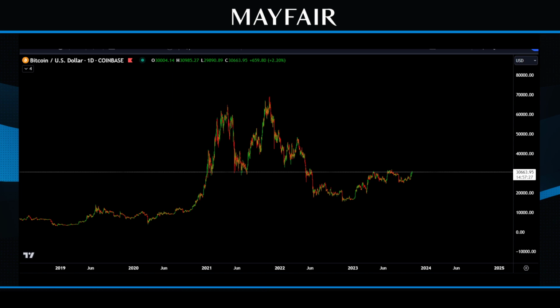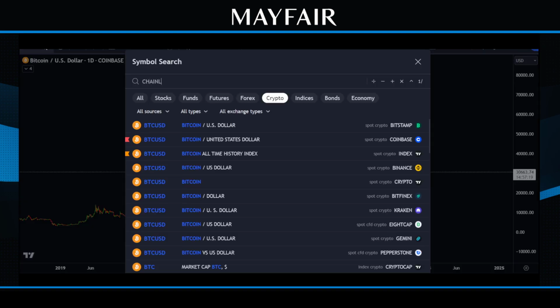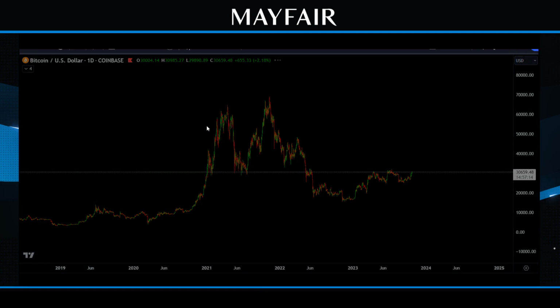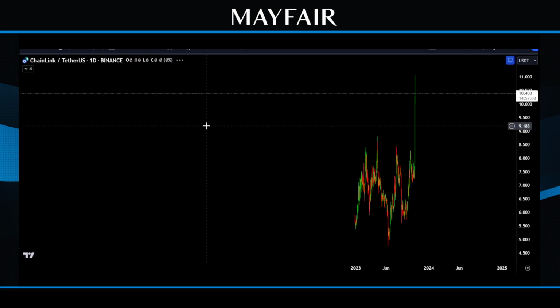When you look at something like this, you've really got to zoom out, right? If you zoom out and the chart looks like, what was it? Yeah, I think it was Chainlink that was the other one in question. If you look at something like this, the issue that you have overall is it's kind of anyone's guess.